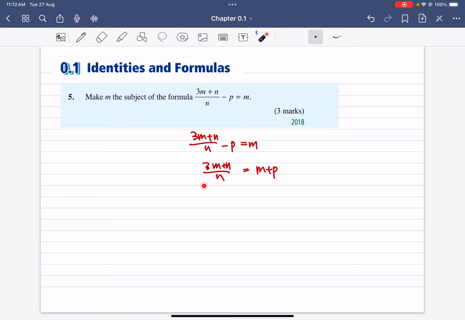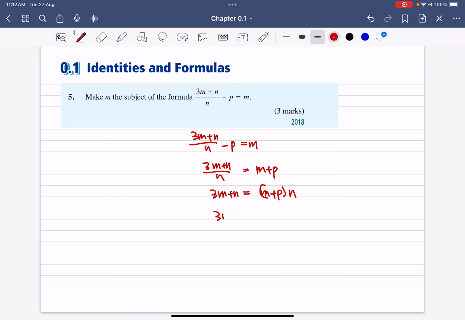If you only have one fraction, you can multiply by n on the right hand side. In the original case, they have minus p. You cannot multiply by n like that because you have a p here, unless you multiply this term also by n, but this one will be easier for you. So try to move that minus p to the right hand side and then multiply by n.